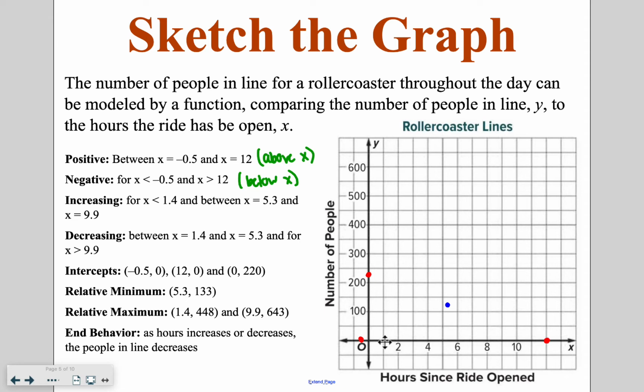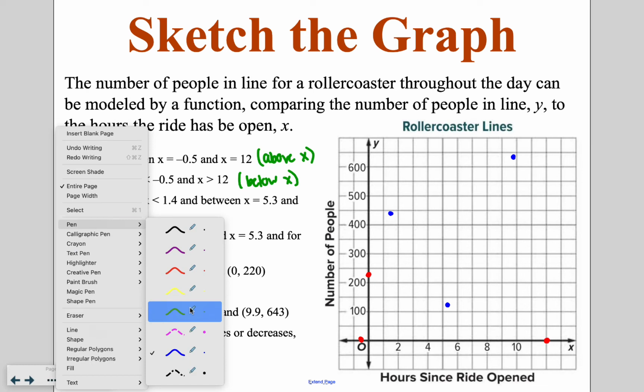I also have relative maximums at 1.4, so about 1.5, 448, so just under 450, and another relative maximum at 9.9, which is basically 10, and then at 643, which is also, again, just about at 650. So I've got all of my dots in place now.